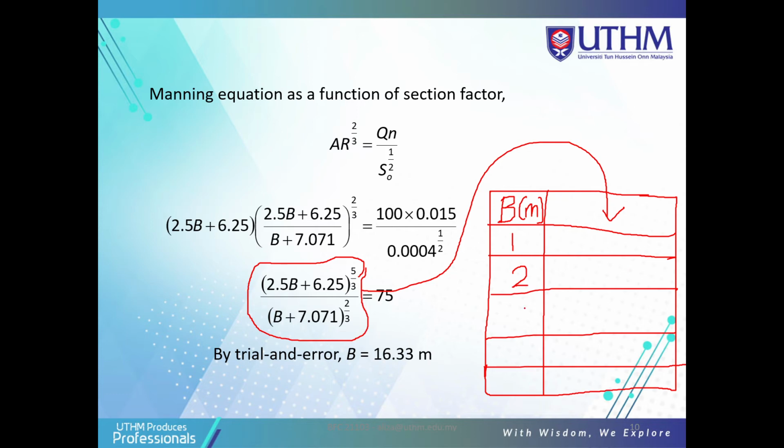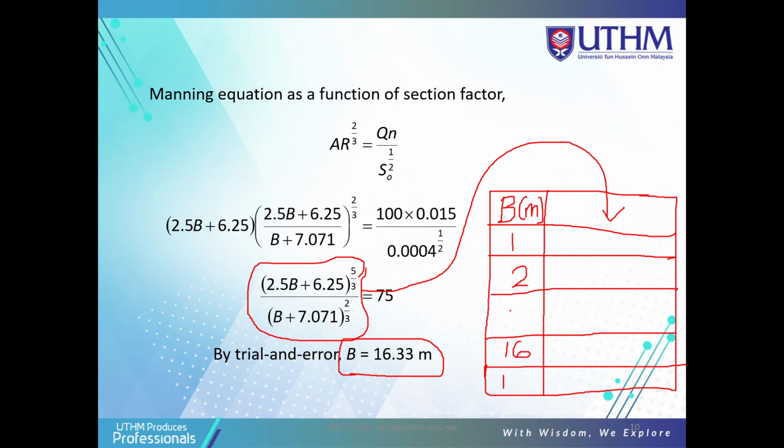So you just try and error. You first find using try and error until you get b, maybe 6, maybe 60.